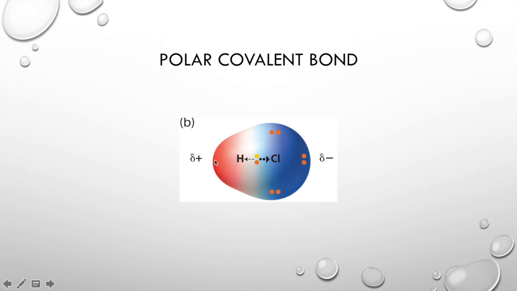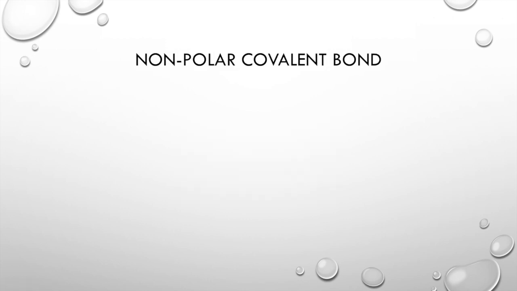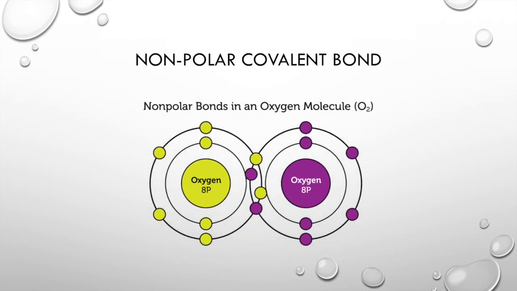So this just means it has a partial negative charge, and the hydrogen, on the other hand, has a partial positive charge. So we can also have nonpolar covalent bonds, and these are between two nonmetal atoms that have the same electronegativity, and that's why they're going to have an equal sharing of the bonding electron pair. So if we look at oxygen, for example, or the oxygen molecule O2, right, it's going to have nonpolar bonds because, first of all, the two atoms that are involved in the molecule are the same.